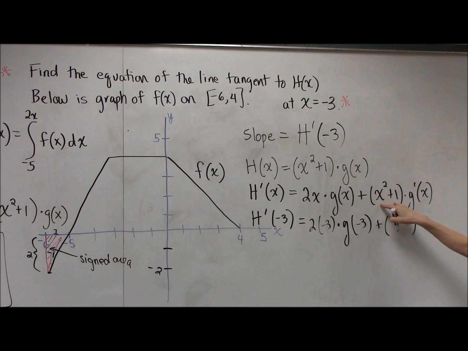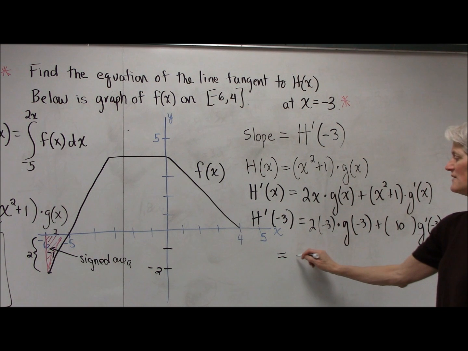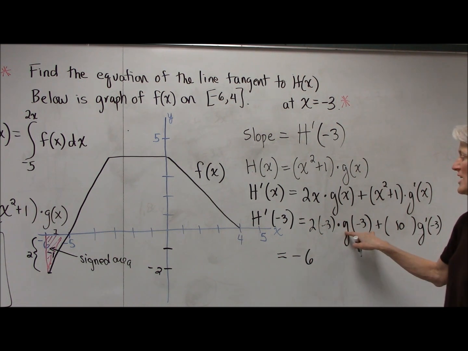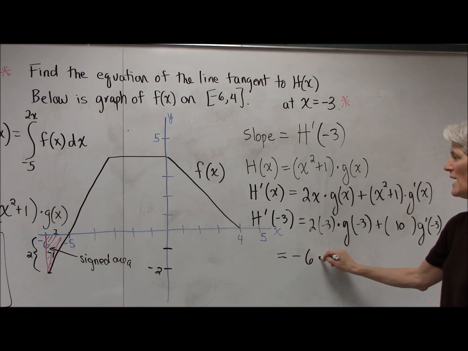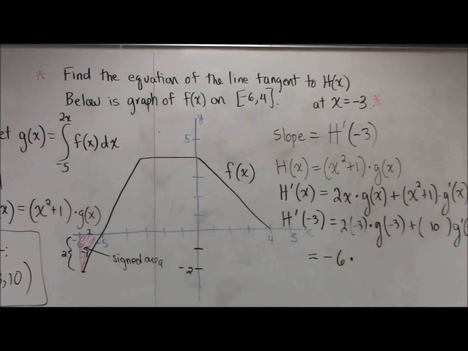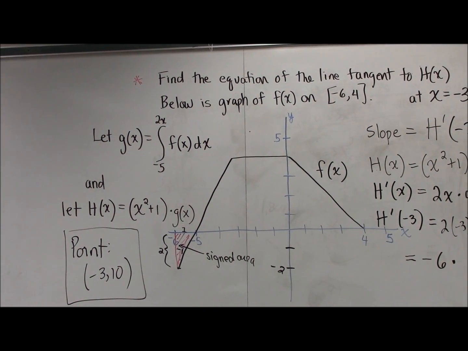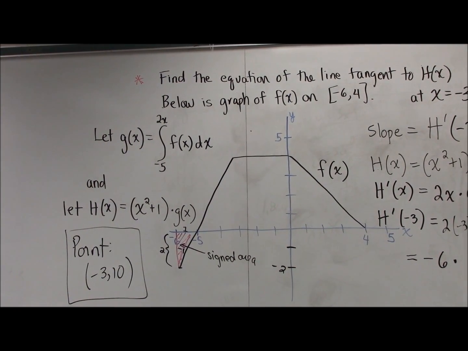Let's see, this is just going to be 10 times g prime of negative 3. All right, goodness gracious, here we go. 2 times negative 3, negative 6, times g of negative 3. Well, my g function, if I scan back over to my g, is the integral from negative 5 to 2x of f of x.